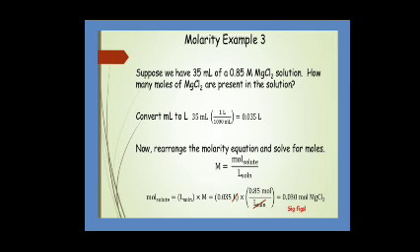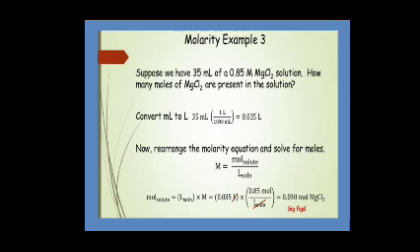How many moles of magnesium chloride are present in the solution? 35 ml of solution convert into liters. So 35 by 1000, that is equal to 0.035 liters.